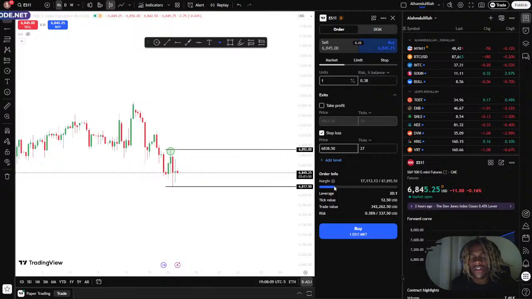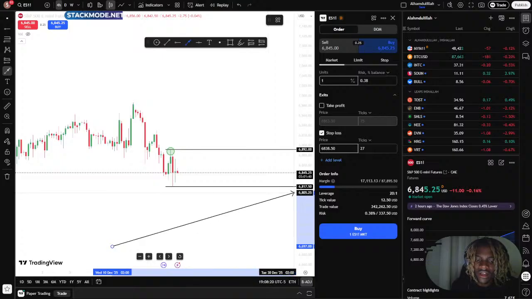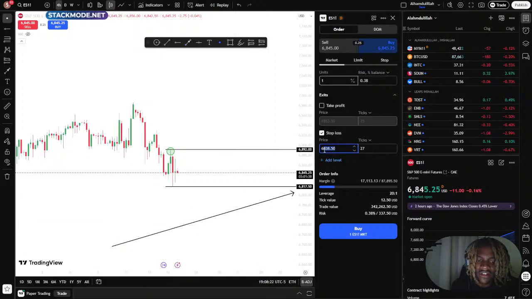As you know, we're going to go through some practice setups and stuff like that. But your stop loss would be at the previous area of support, logically. So if this number here is 6817.50, then let me change this to 6817.50. And it'll tell me how many ticks and everything.